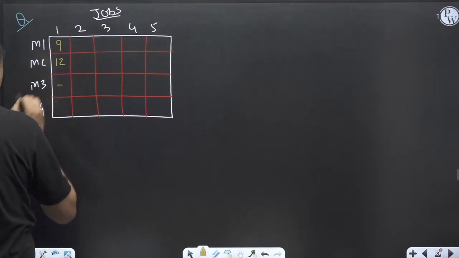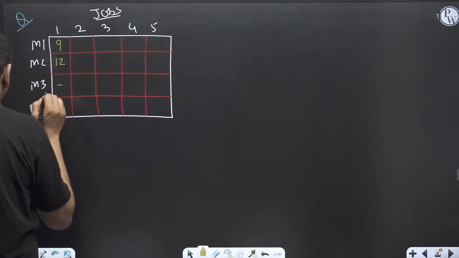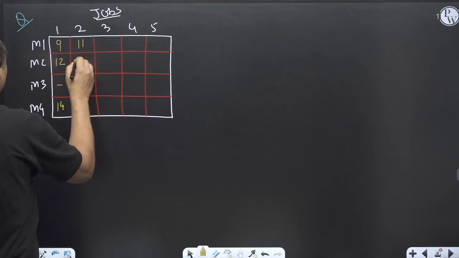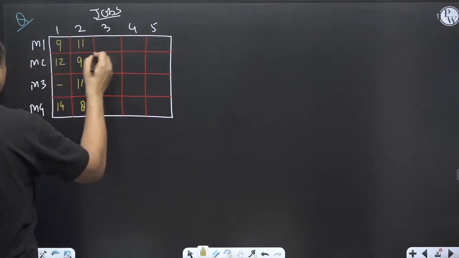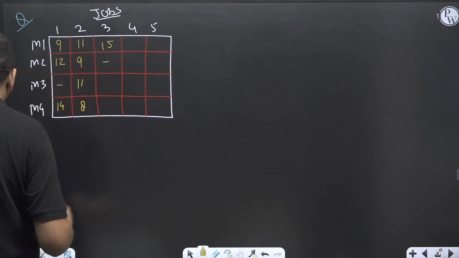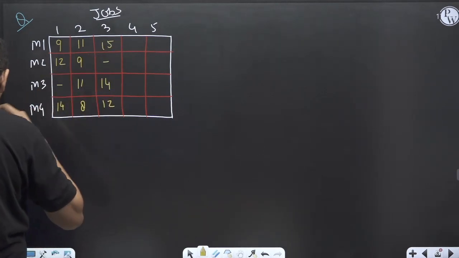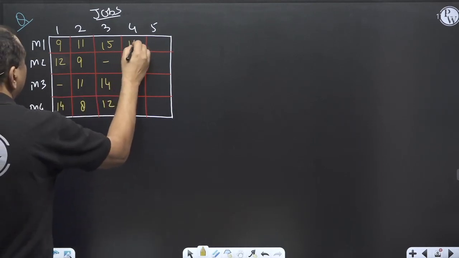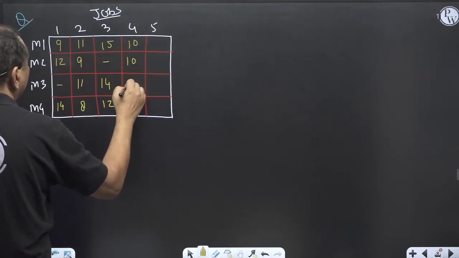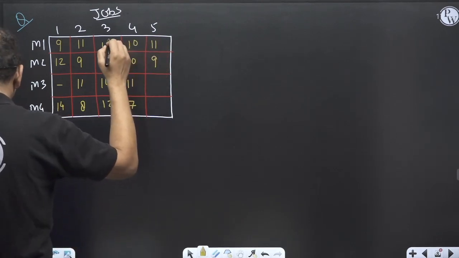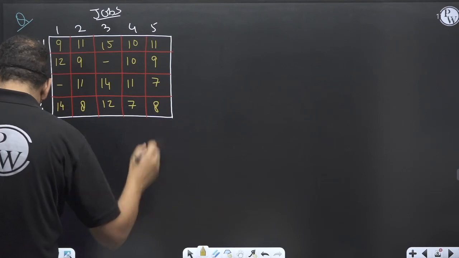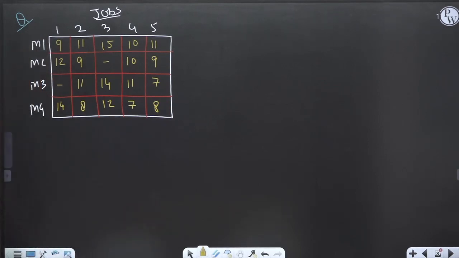Nine, 12, 14, 11, 9, 11, 8, 15 dash, 14, 12, 10, 10, 11, 7, 11, 9. Okay. So it is not a square matrix.